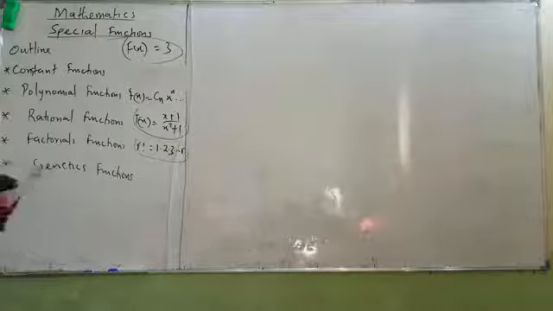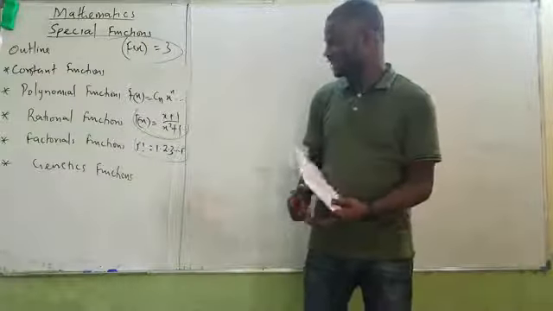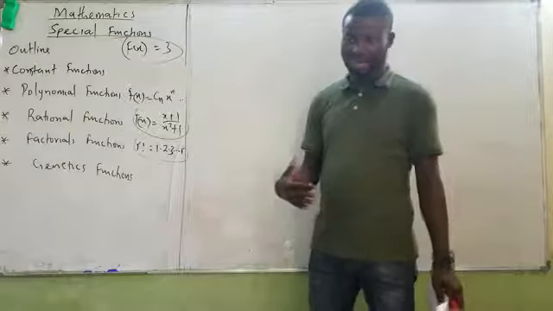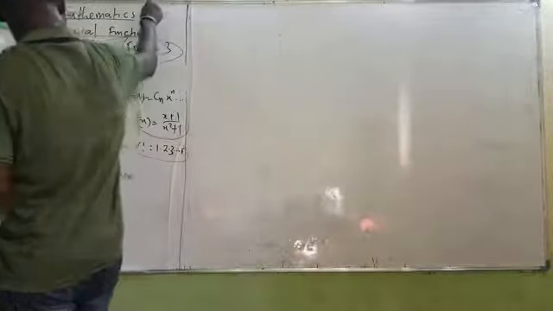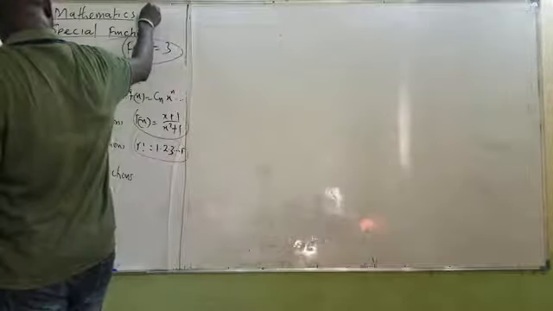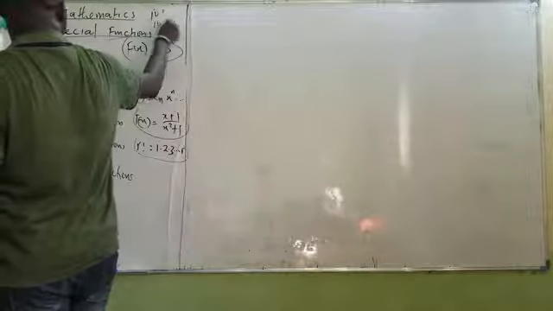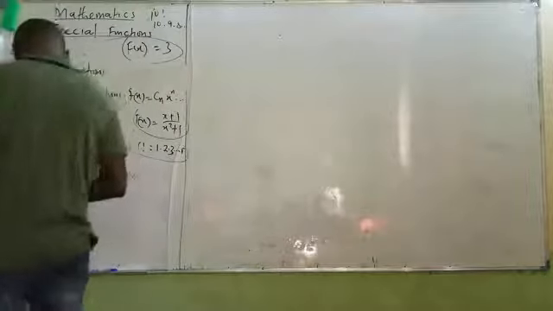A factorial function is always a multiplication, and it can be in descending order. Please take note of that. For instance, 10 factorial means 10 times 9 times 8 and so on, down to where we are coming to.